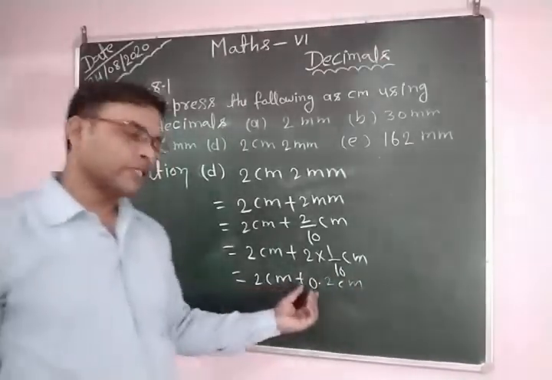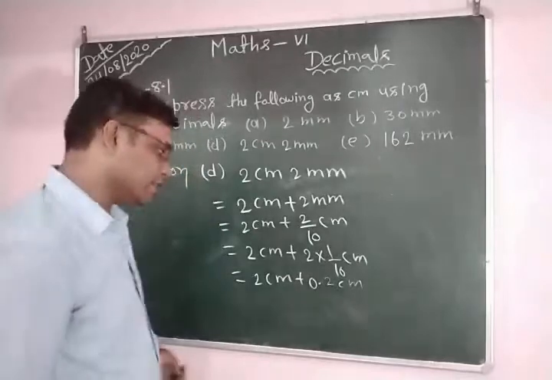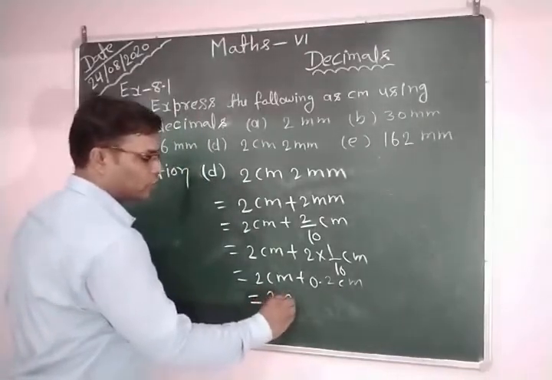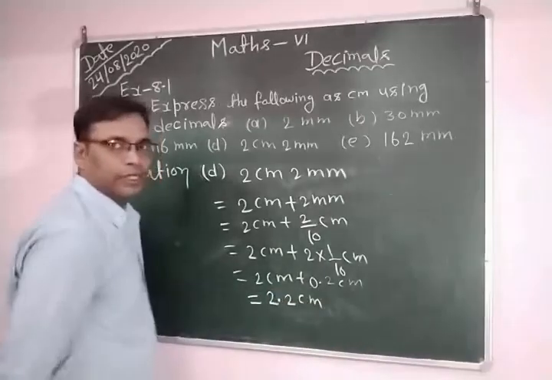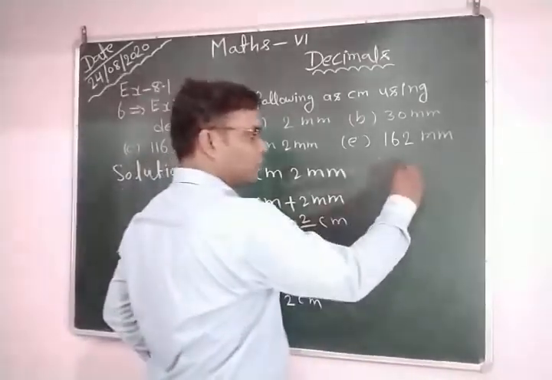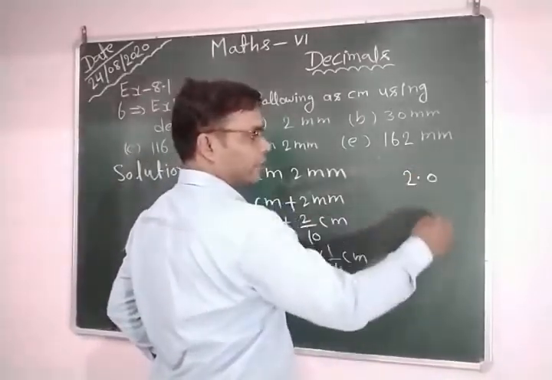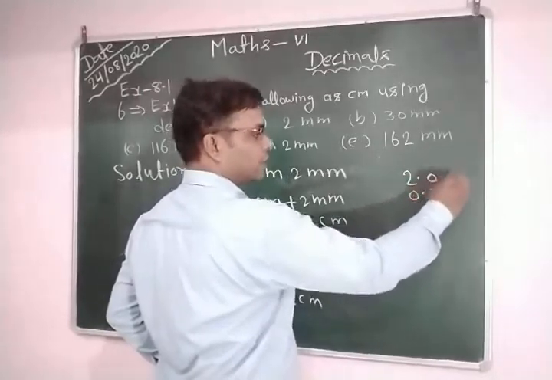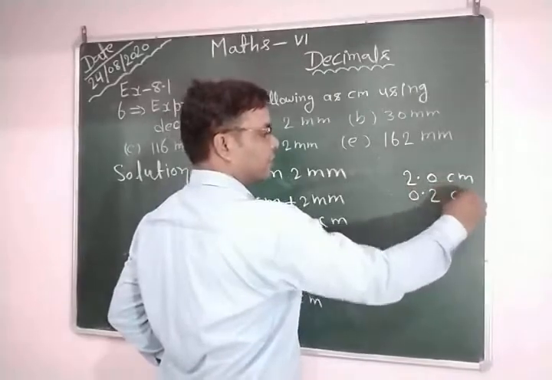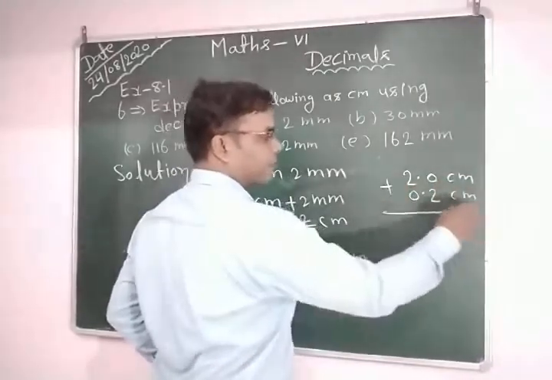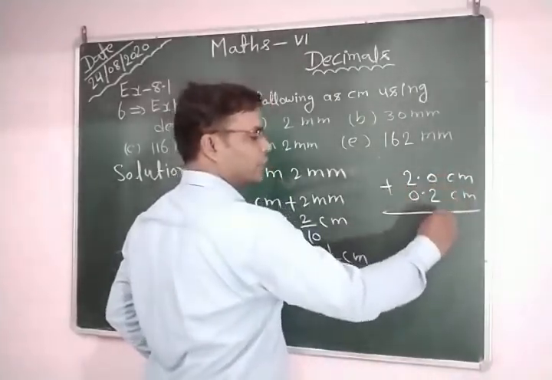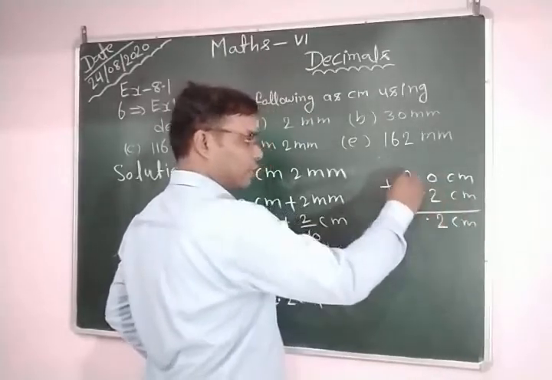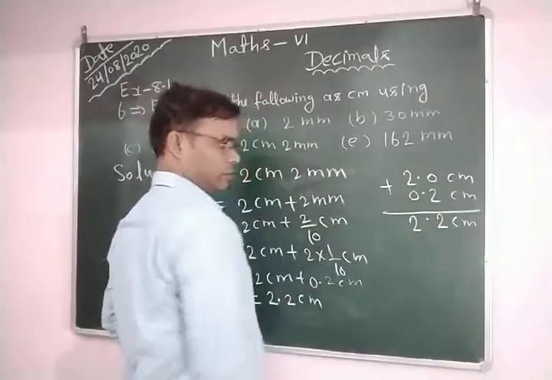If you add that, we obtain 2.2 centimeters. 2.0 centimeters plus 0.2 centimeters: 0 plus 2 is 2, then the point, and 2 plus 0 is 2.